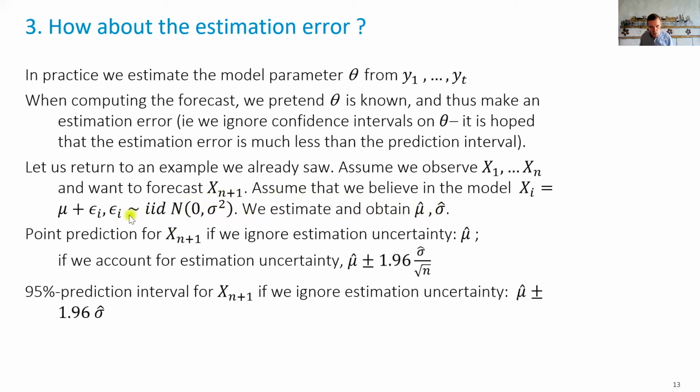Now assume we want to do a point prediction for xn plus 1. Well, if we use the argument I used a minute ago, we believe in the model. So we say xn plus 1 will be equal to mu plus epsilon n plus 1. Since epsilon n plus 1 has 0 mean, a point prediction of epsilon n plus 1 is 0. So my point prediction for xn plus 1 is mu. And since I don't know mu, I replace mu by mu hat here.